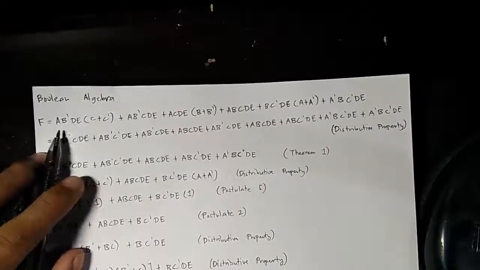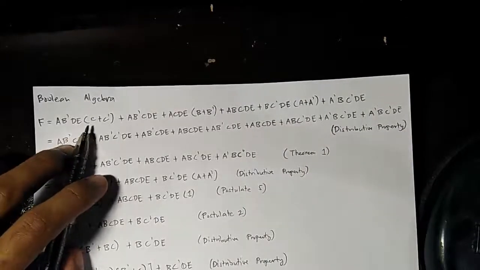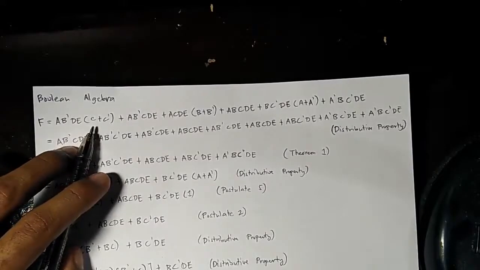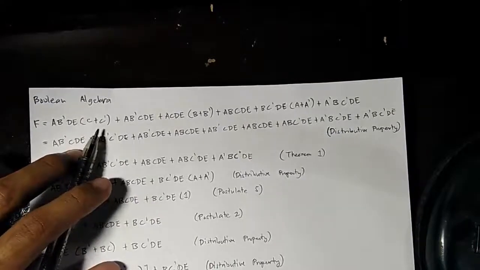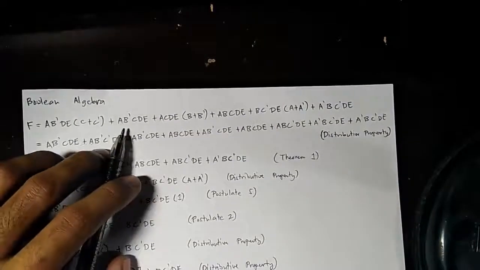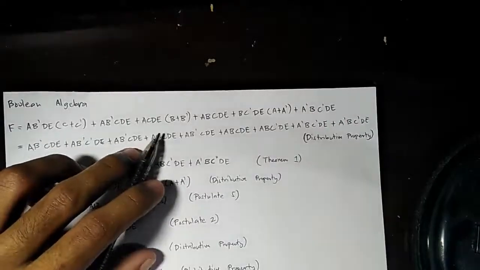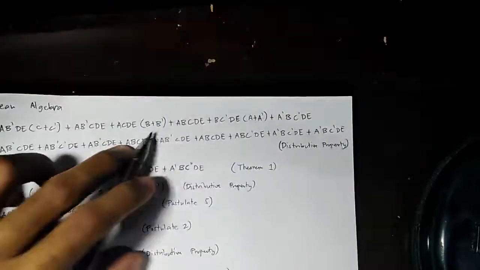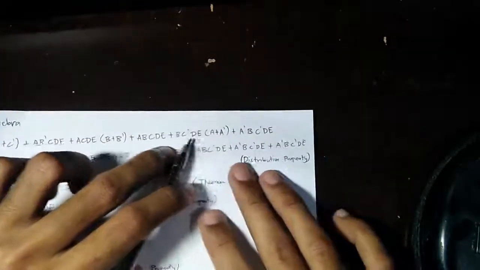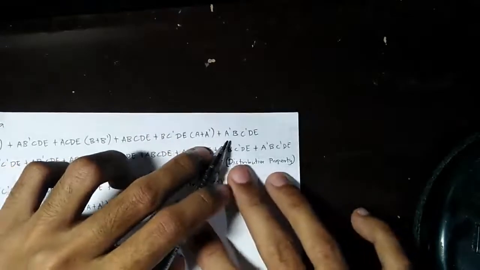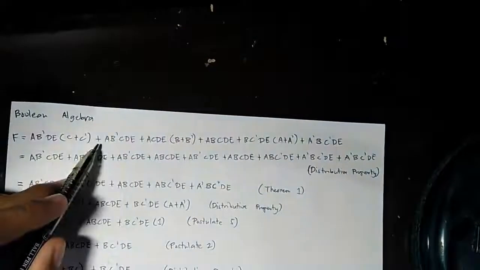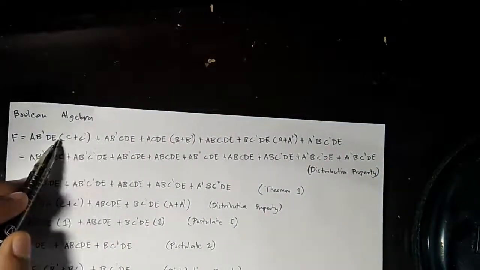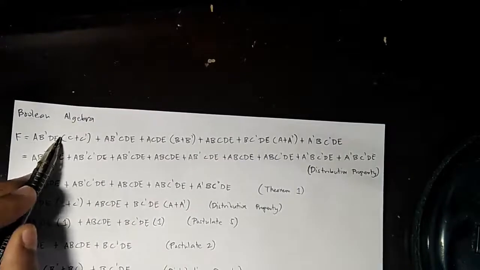Function f is equal to a b prime d, times the quantity c plus c prime, or a b prime c d e, or a c d e and b or b prime, or a b c d e, or b c prime d e, and a or a prime, or a prime b c prime d e. A plus here is an OR gate, and a multiplication here is an AND gate.